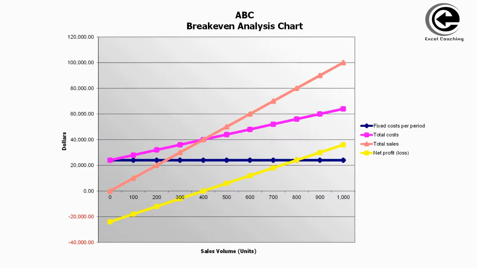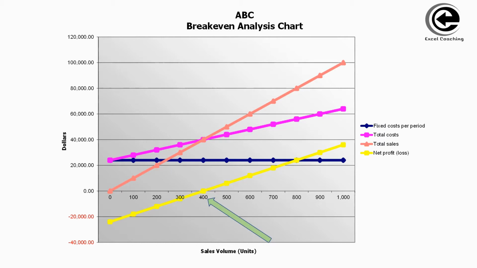Now that we have calculated the break-even point to be 400 units, how do we interpret this? We'll use a graph to explain some of these points. As you can see, the red line crosses the pink line at 400 units. This is where the total costs and total revenue match, that is, the break-even point. Any production above this level, the company makes a profit.